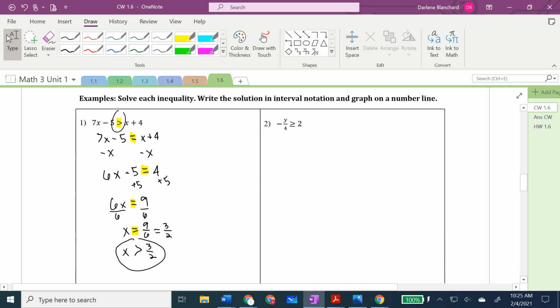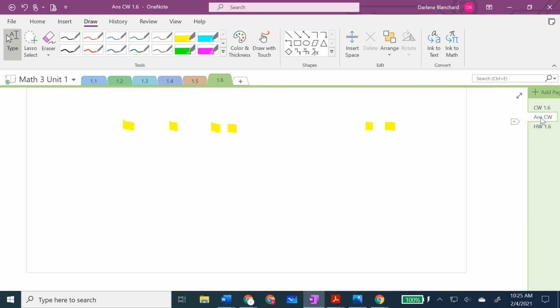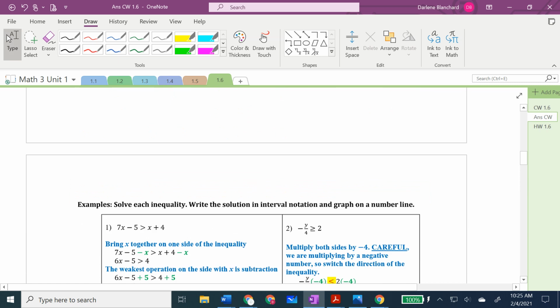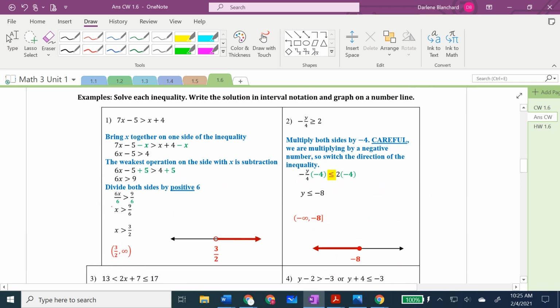So know that you are going to be expected to write the solution in interval notation and graph the solution on the number line. I'm going to go over to the answers to save a little bit of time.